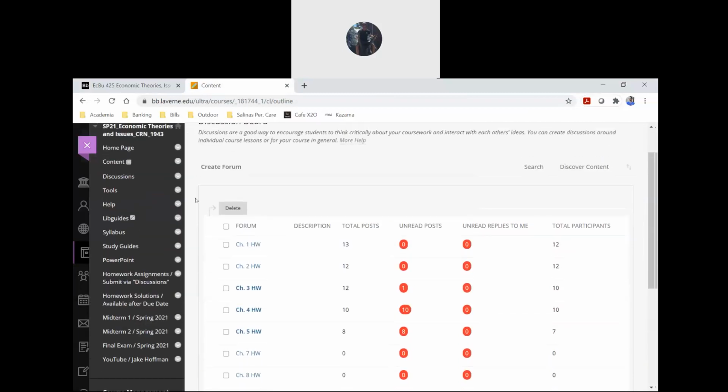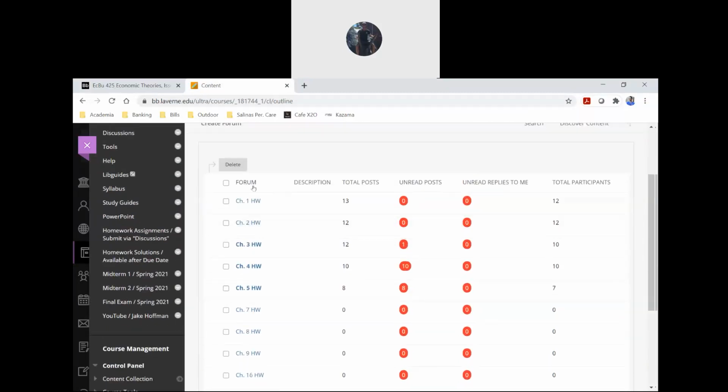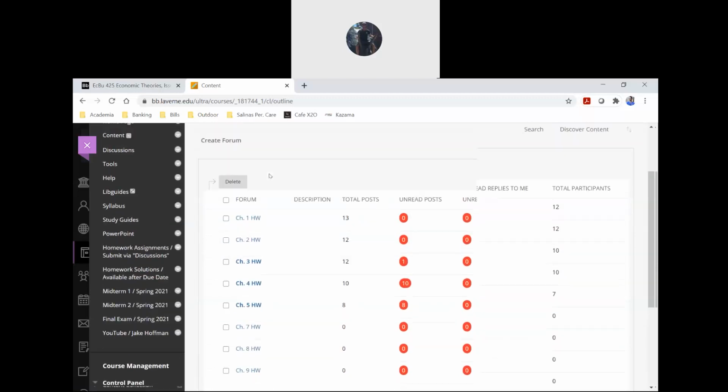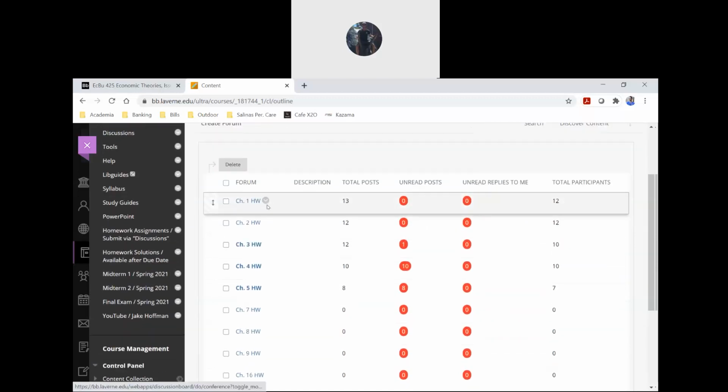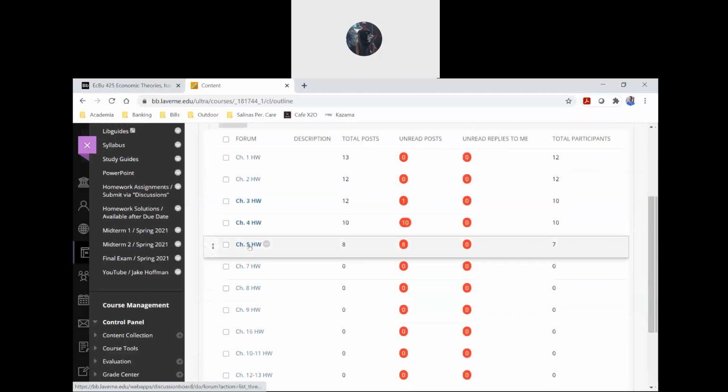Also for this chapter, you'll notice the homework forms are here for chapters 1, 2, 3, 4, 5 that we've already done. I don't have a homework for chapter 6, which is the chapter we're doing today. It's kind of a technical chapter. The good news is, once you get your chapter 5 homework and your midterm in, that's all the work I need from you until after spring break.